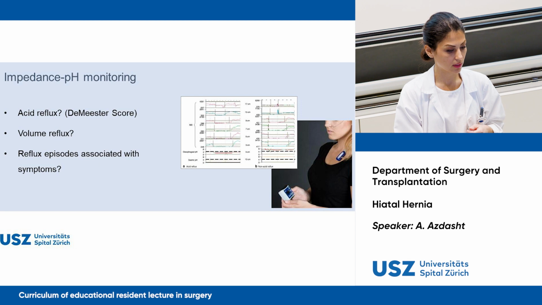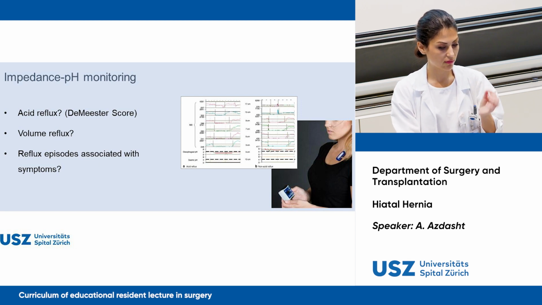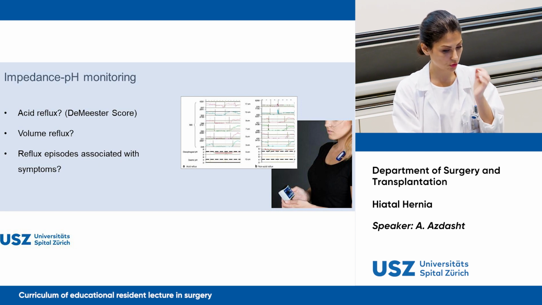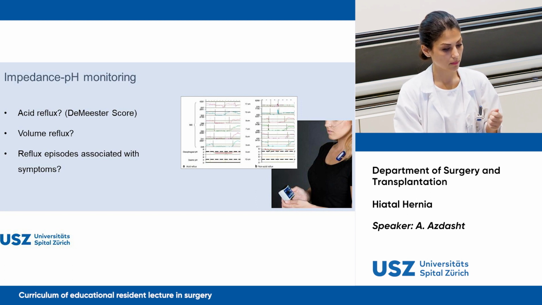Another diagnostic workup is the impedance pH monitoring. This is really interesting. We have a very small, maybe 1 or 2 millimeter thick nasogastric tube that is inserted, and the patient has this for 24 hours and has a small device. Whenever he feels symptoms, whenever he's symptomatic, he can press that button, and this is recorded.